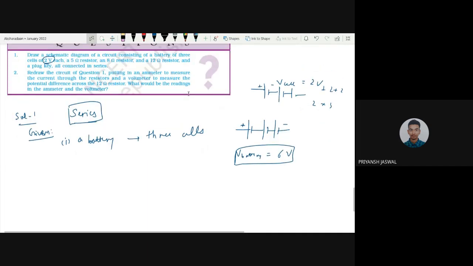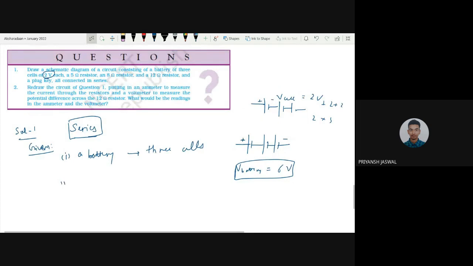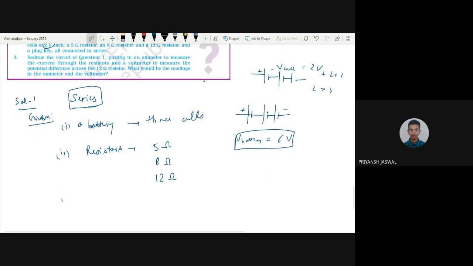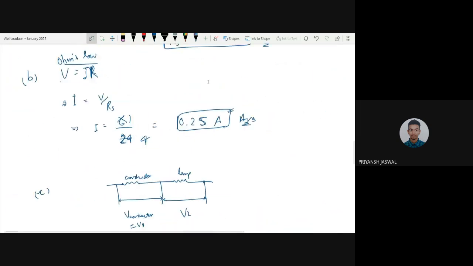And the rest of the things that are given are the resistors. One is a 5 ohm resistor, another one 8 ohm, and another one is 12 ohm. And another component which is given is a plug key, which we have seen again and again, which is used to close the circuit.